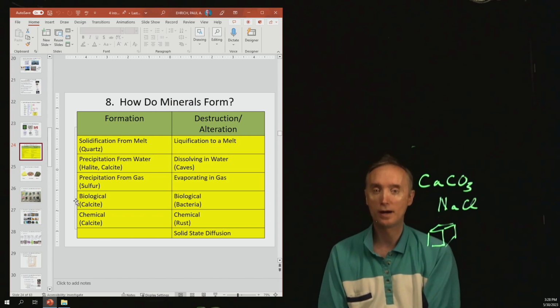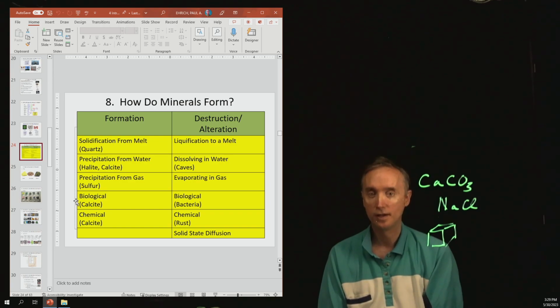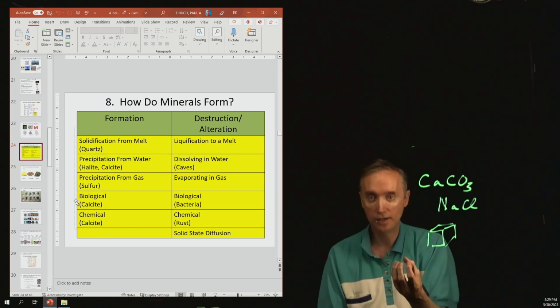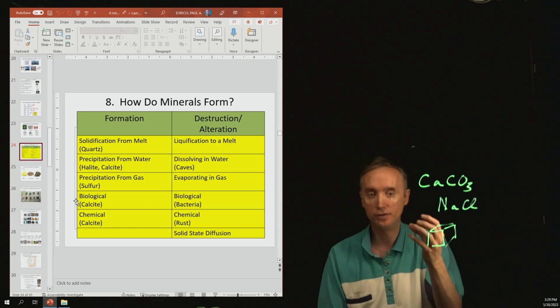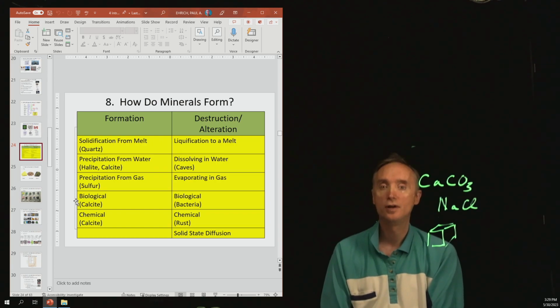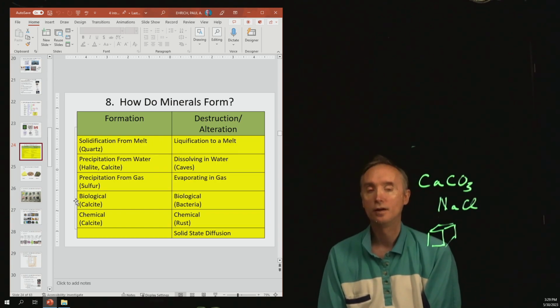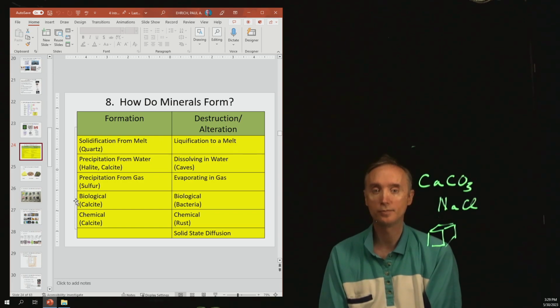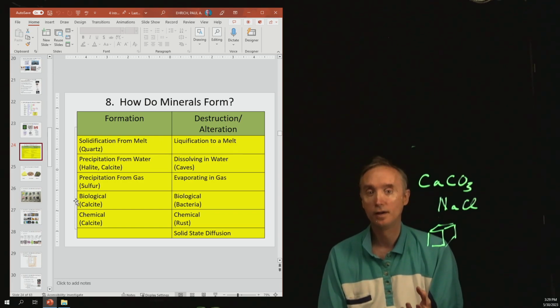Minerals can be formed biologically, so that certain shelled organisms can pull calcium carbonate out of the water and then use that to make their shells with. You can also form a mineral chemically, so that sometimes the calcium carbonate will just naturally chemically form.